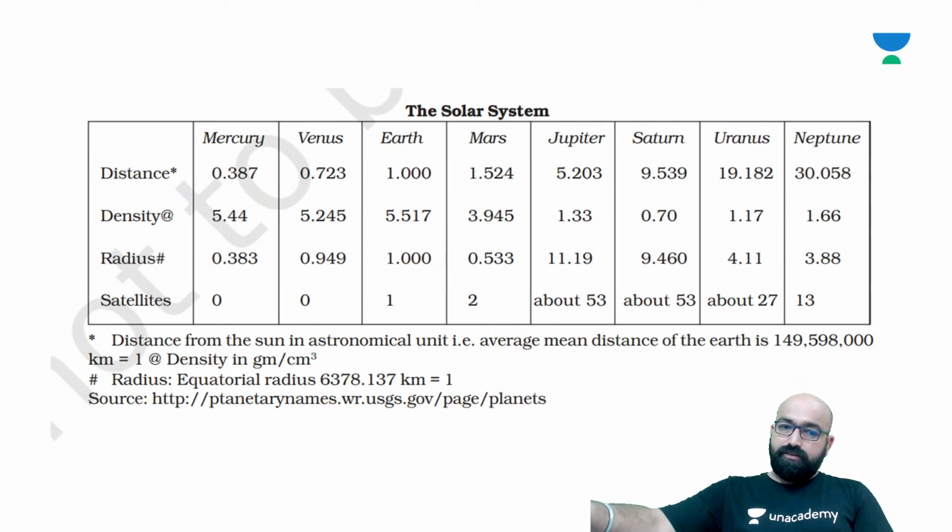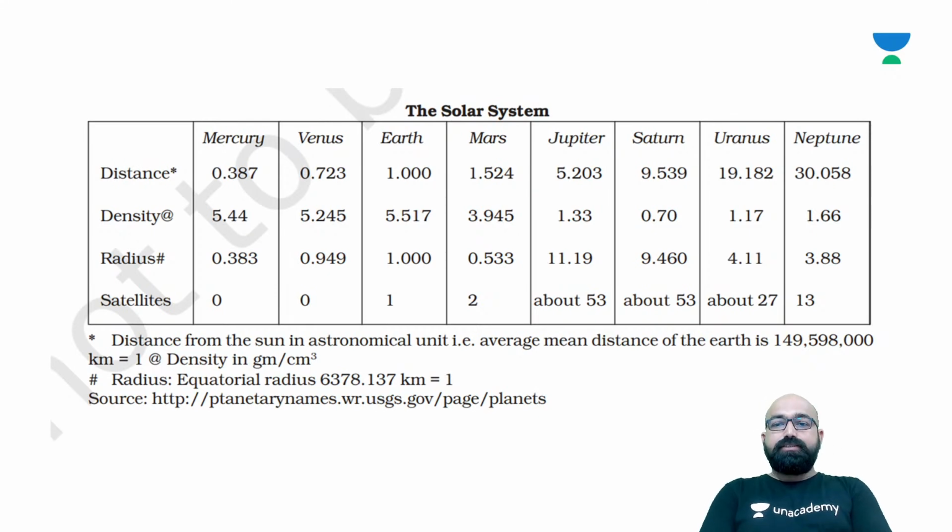So see, the distance from the Sun in an astronomical unit, that is the average mean distance of the Earth, is 14 crore 95 lakhs 98,000 kilometers, equal to 1.